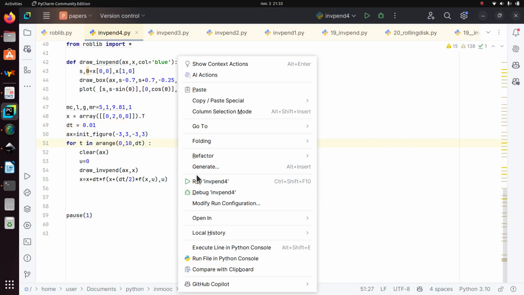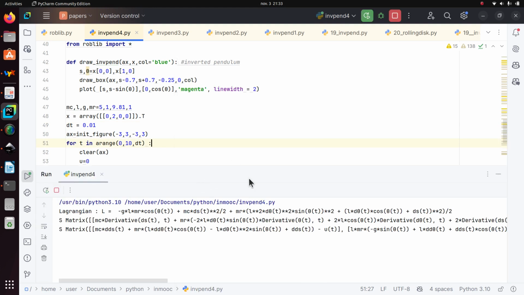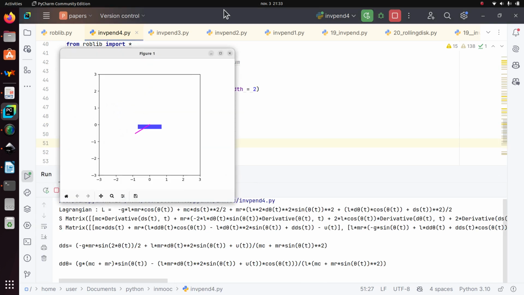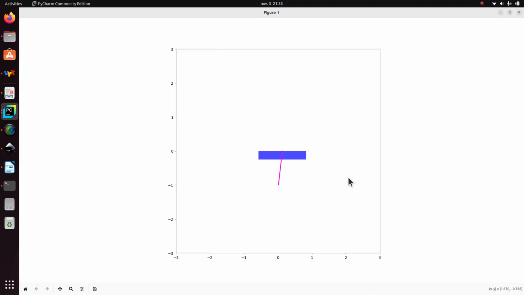So let me run this. I generate here the lambdified function, and we can see here the simulation of the inverted pendulum using the Runge-Kutta method.